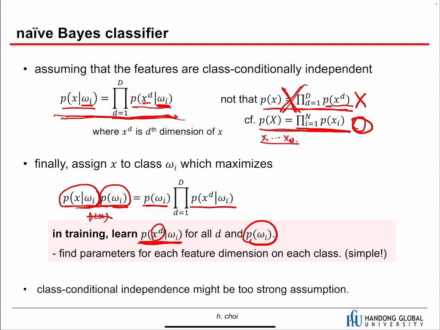Or if you think this feature is really complicated, then you can use a mix of Gaussians for one dimension. But anyway, you can have one model for this feature dimension, and then you can estimate the parameters, and that's it.